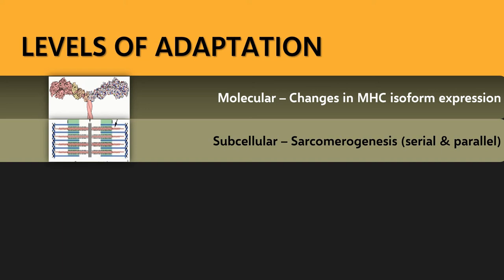So it's important to understand the difference between the two, parallel and serial sarcomerogenesis. Now, truth be told, with resistance exercise, particularly early on, if you're a novice, you will see parallel and serial sarcomerogenesis, because eccentrically lengthening the muscle will result in serial sarcomerogenesis, but there is just more parallel than there is serial.